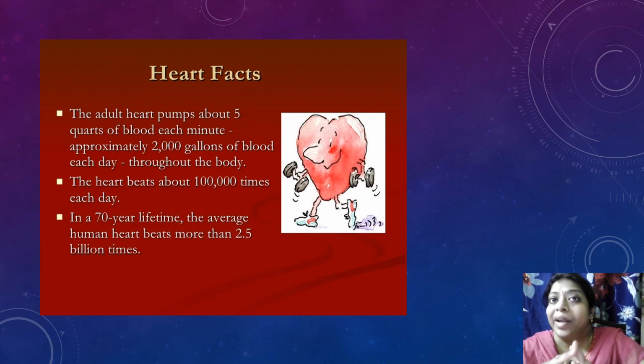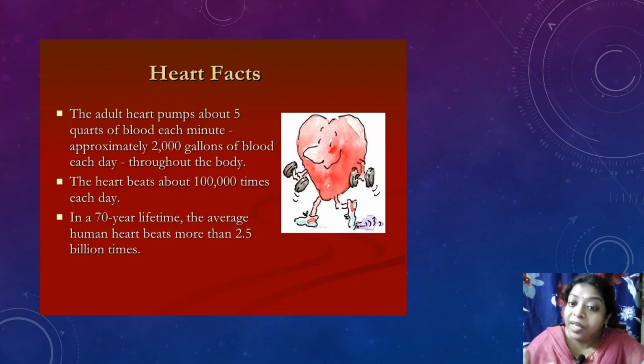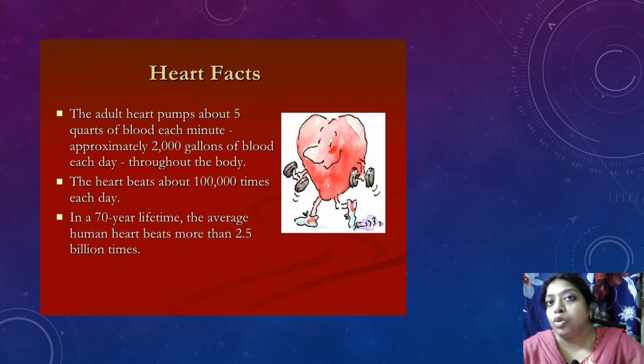The right ventricle pumps the blood, which is received from the right atrium, to the lungs for the purification. The left atrium receives the oxygenated blood from the lungs and pumps it to the left ventricle.